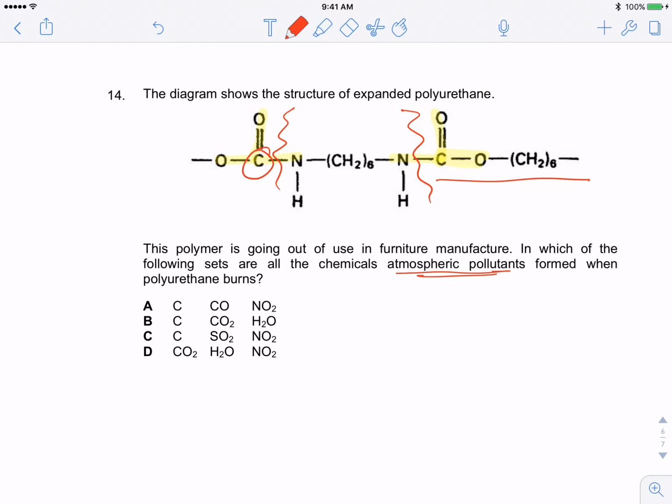We see that there's carbon, oxygen, nitrogen and hydrogen. It can't be sulfur, there's no sulfur in this compound, so C is out. And they want it to be a pollutant, so it can't be water, because water is not a pollutant. So answer is A.